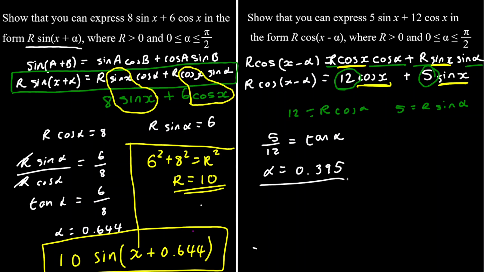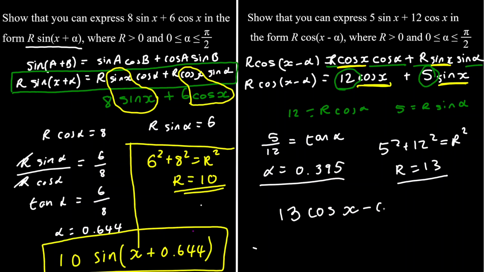And to find r, we're using Pythagoras. 5 squared plus 12 squared equals r squared. It's another Pythagoras triple. It's 13. So we have 13 cos x minus 0.395.